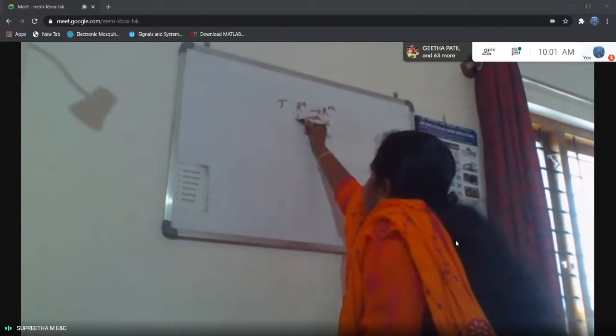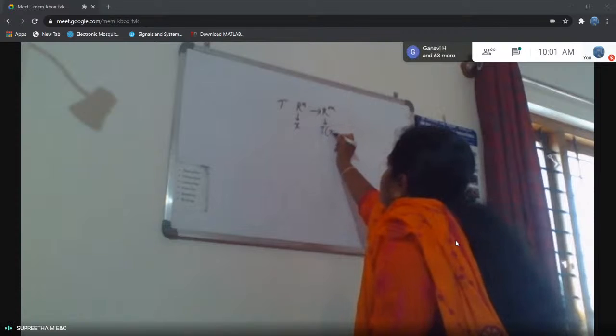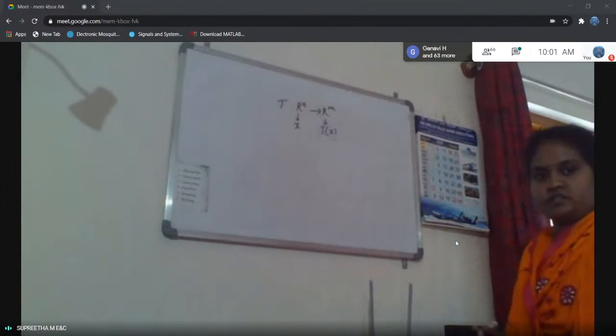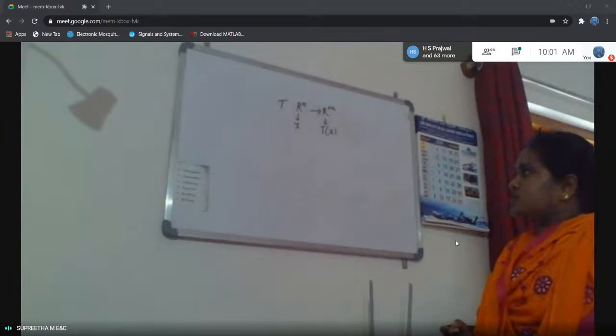That is, if your vector is x in Rn, then it would be the transformed vector T of x. So we will be seeing how the transformation is defined.